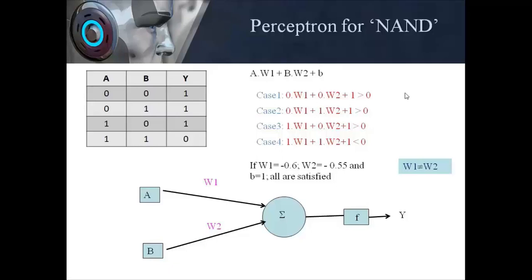So let's see what values we are getting for each case. First case, 0 plus 0 plus 1, 1. Good enough. Next case, 0 plus -0.55 plus 1.